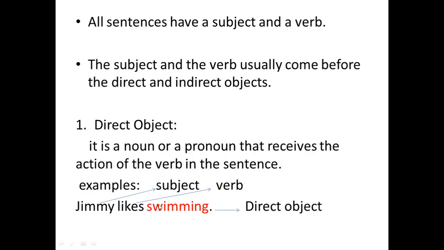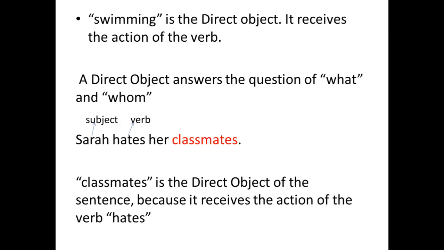Without swimming, the sentence is incomplete. It does not give full meaning. It will be meaningless. So here, again, swimming is the direct object. It receives the action of the verb. Therefore, Jimmy likes what? Jimmy likes swimming.